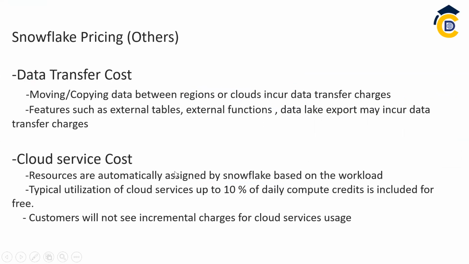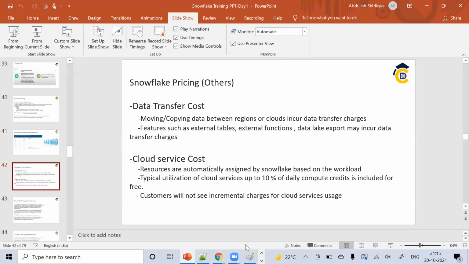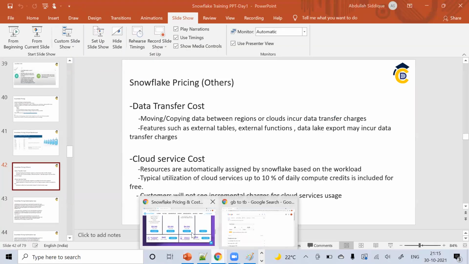And there are some other costs that are also incurred, which is data transfer cost. Okay. So if you are moving or copying data between regions or clouds, that incurs data transfer charges. Okay, such as external tables, external functions, data lake export may incur data transfer charges. So data transfer charges are also given somewhere here, guys.